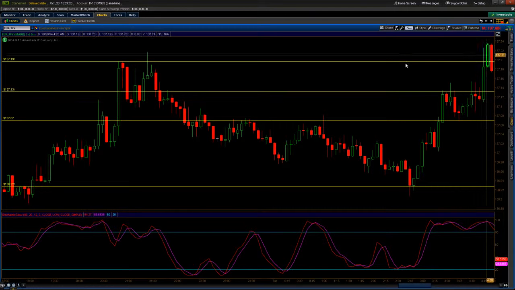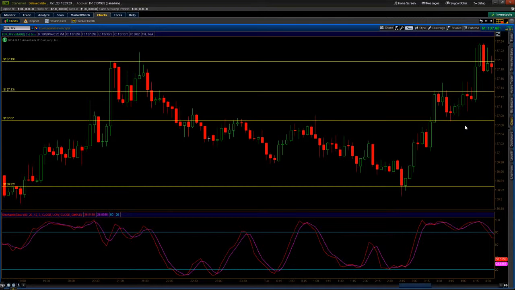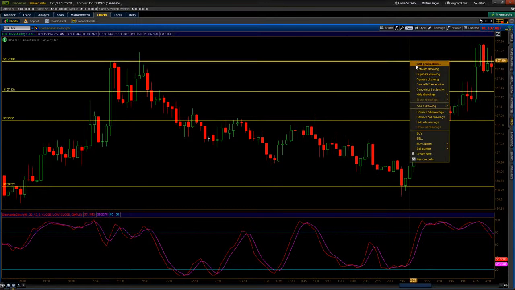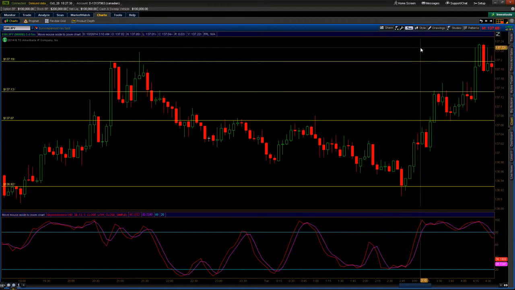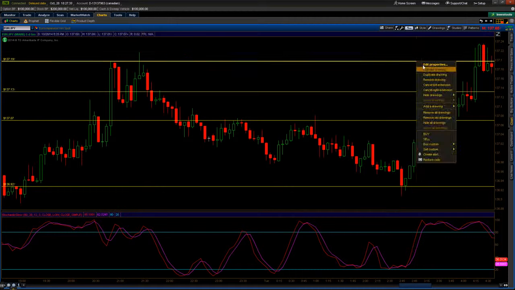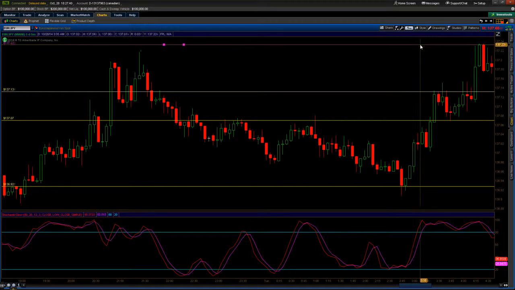So let's just remove all drawings for now. Oops, this is where the last one was. This was a point of resistance and support: resistance here and then support here. So we'll keep that. Now we're watching where the resistance and support are. See there? Actually, not yet.